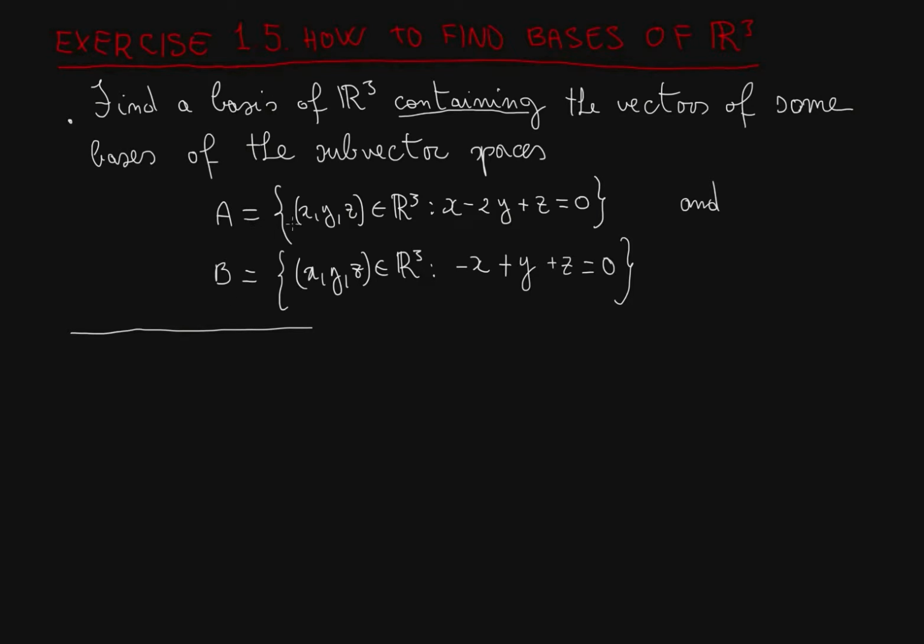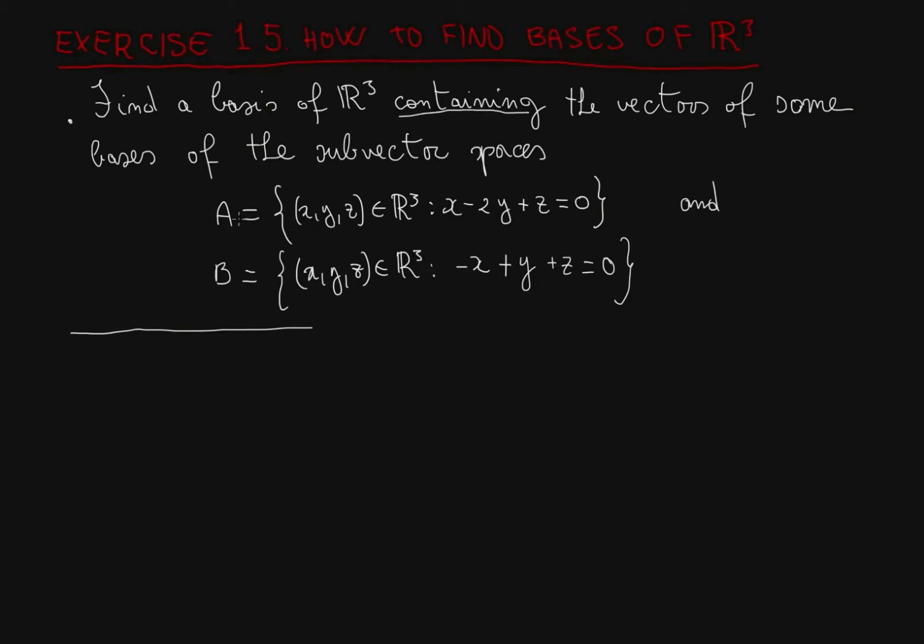A and B are defined to be subvector spaces. We define them as subsets, and by previous exercises we have shown that subsets with these descriptions are indeed subvector spaces of Rn.